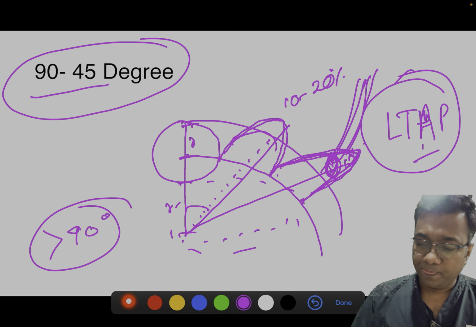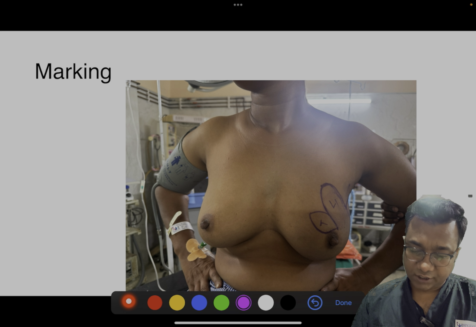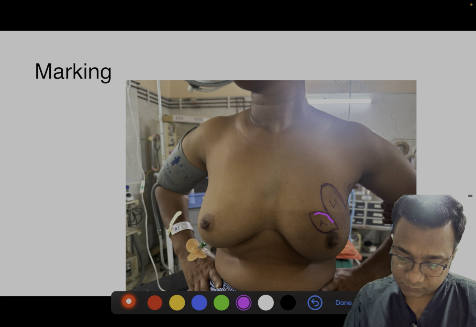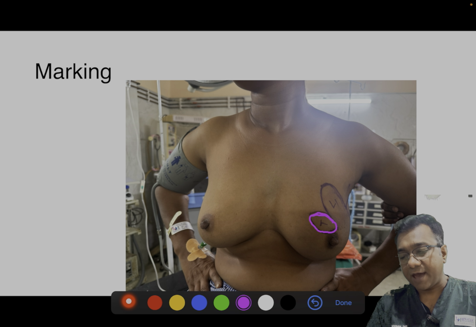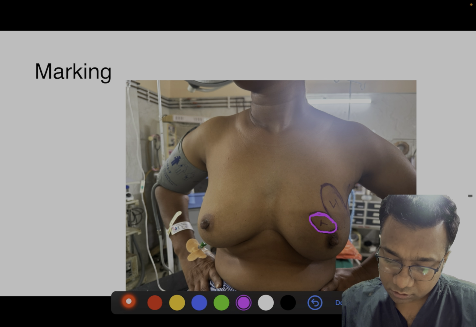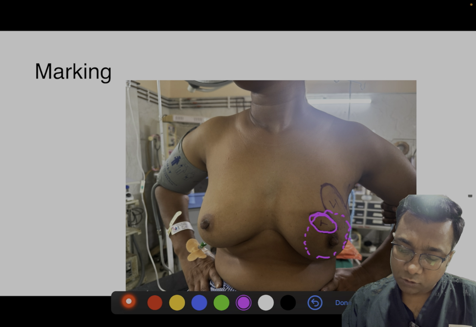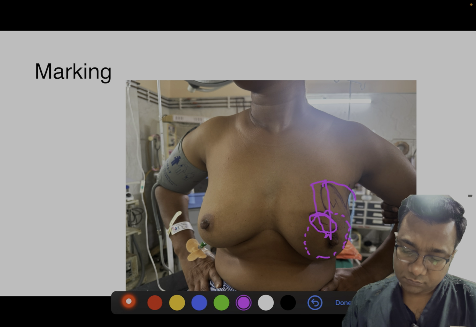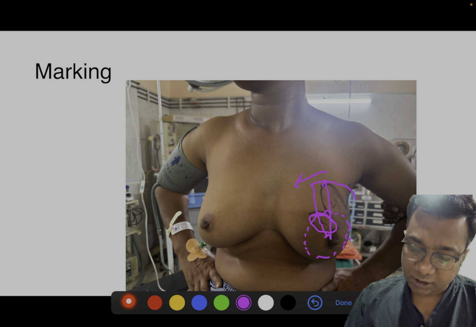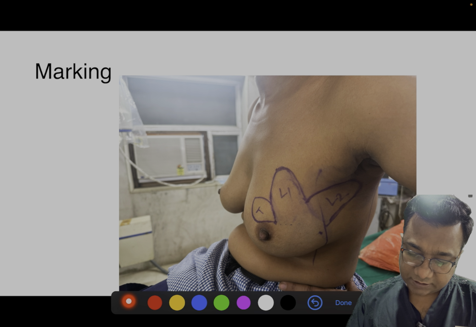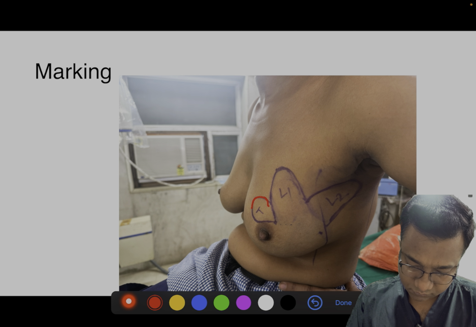Okay, now let's look at this lesion, where this is the tumor defect. So what options do we have? We can go for a round block, we can go for a matrix rotation, and we have another option of going for a bilobed flap. After we excise this area, this is going to be the defect, more or less circular.